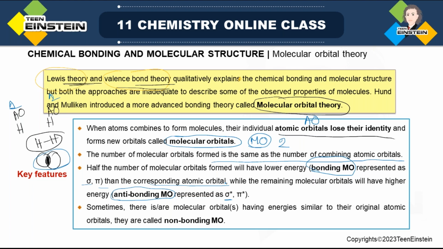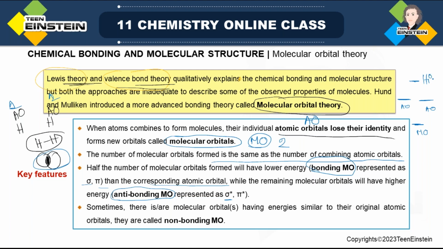That is, compared to the normal atomic orbital before bond formation, you know there are 2 atomic orbitals. Compared to the energy of that atomic orbital, suppose the energy of the atomic orbital is like this. This is one AO, this is another AO. Now you have total 2 MO. Half of this MO will have lower energy, half will have higher energy.